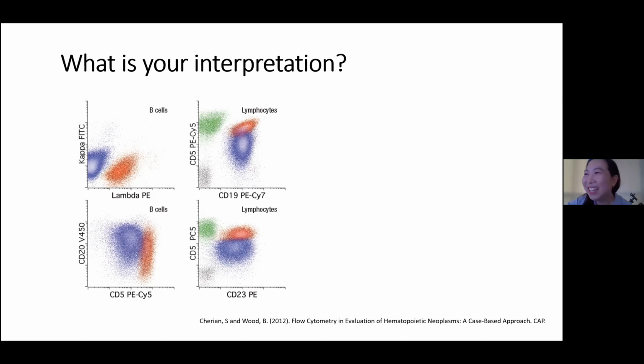Yeah. So there are some possibilities here, right? We talk about it could be a transformation to a more aggressive B-cell lymphoma, but usually then your light chain expression might be brighter, and your CD20 might be brighter.